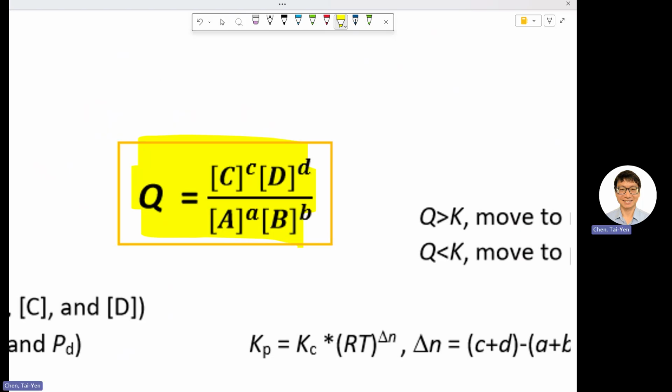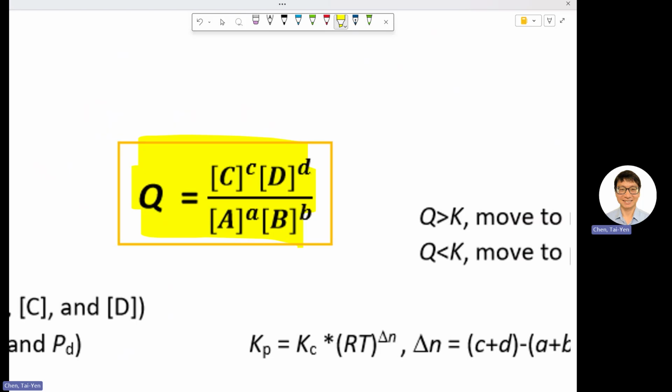Okay, so your denominator will be your reactant. Okay, so you need to remember that. Regardless if you have Q or K, your numerator always indicates the amount of product. Denominator is always your reactant. Okay, and then the ratio between these two gives you the reaction quotient Q or equilibrium constant K.